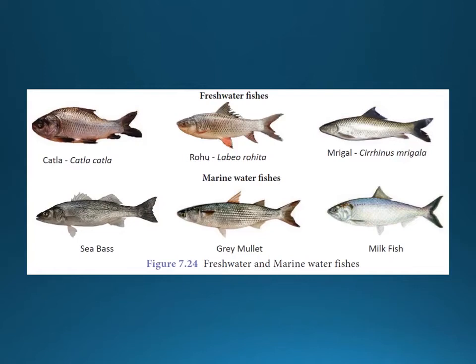And marine fish are sea bass, grey mullet and milkfish. Note the examples, I will ask for the binomial names, like the binomial of rohu and mrigal in freshwater. This you need to study. I hope you understand this.